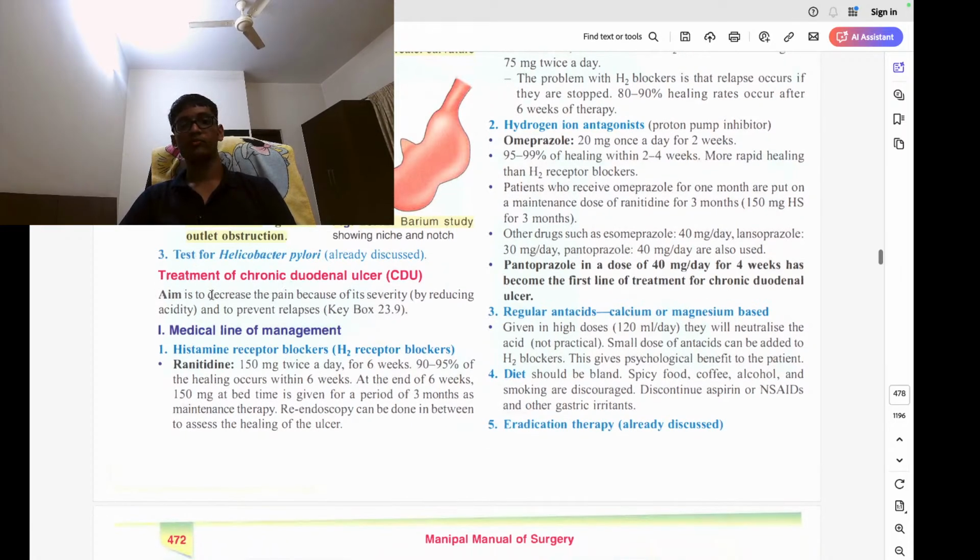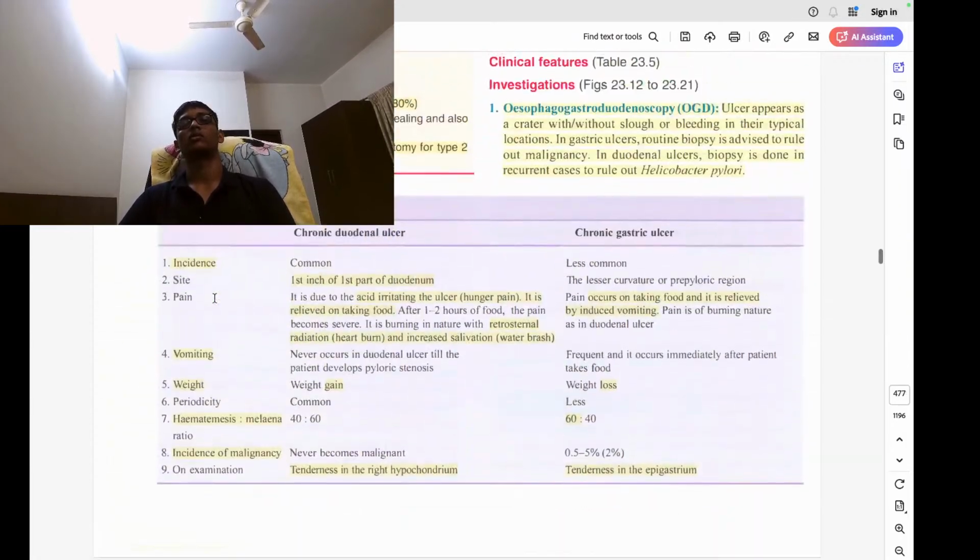Treatment of CDU is to decrease the pain because of its severity by reducing acidity and to prevent relapses. Investigative tests we already discussed.